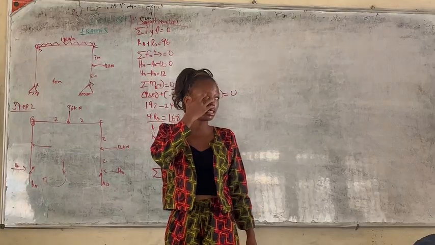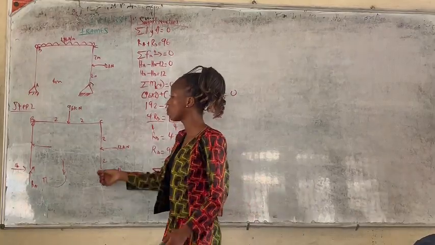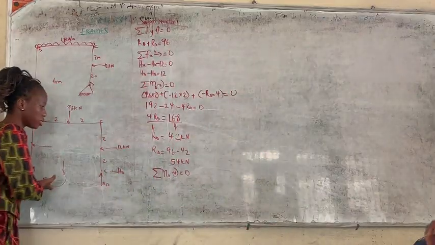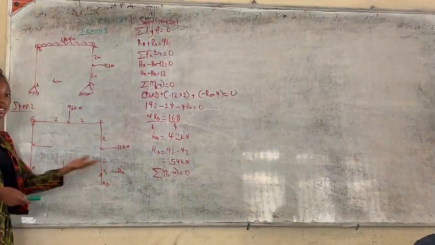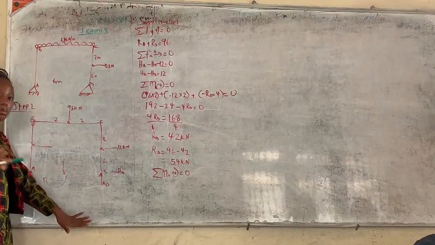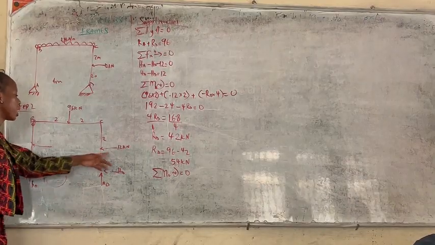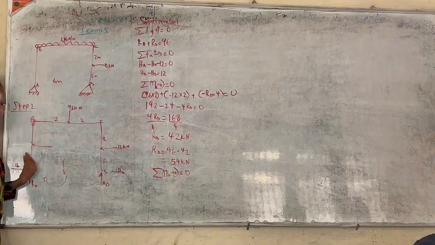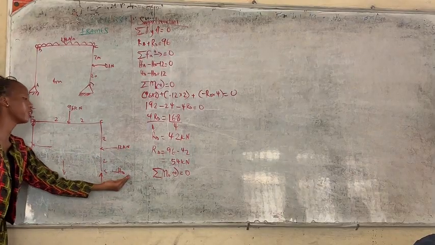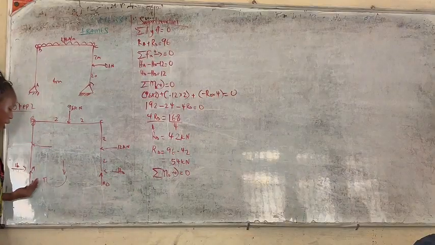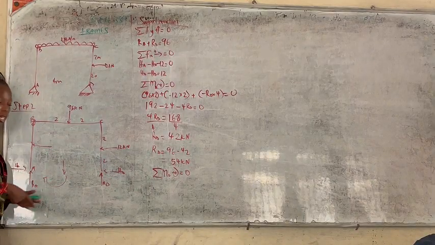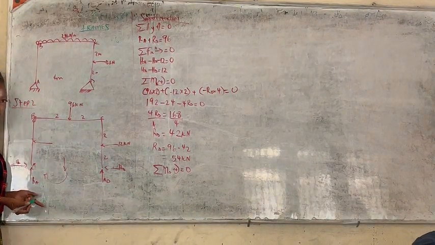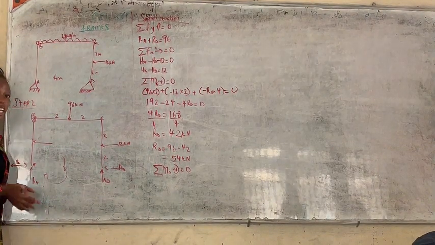Taking a moment about B now, if you look at it, HA and HD are both on the same horizontal level. You know that time when we wanted to make it easy, we brought it towards this point. So if you bring HD here, it will still be on the same line, it will be something like this. Do you get it? So we can decide to pick either of them.